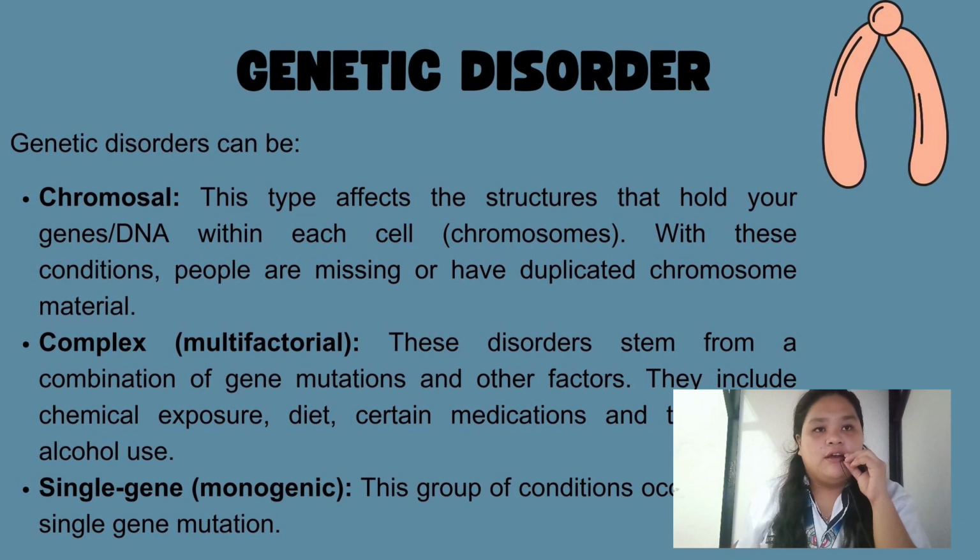Although the majority of these diseases are rare, in total, they affect millions. Some of the more common single gene disorders include cystic fibrosis, hemochromatosis, Tay-Sachs, and sickle cell anemia.